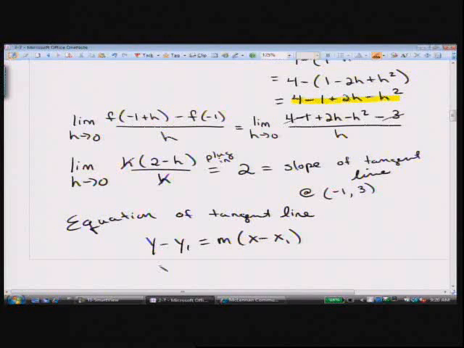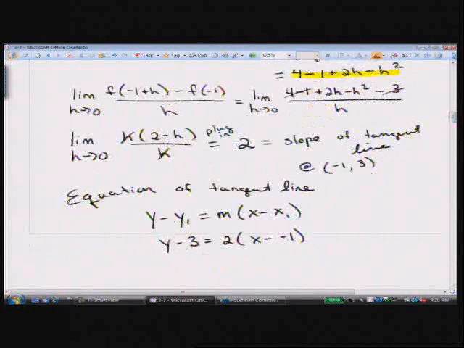So in this case, it's going to be y minus 3 equals 2 times x minus negative 1. Cleaning that up, you get y equals 2x plus 5, because it's going to be plus 2, and then you move the 3 over.